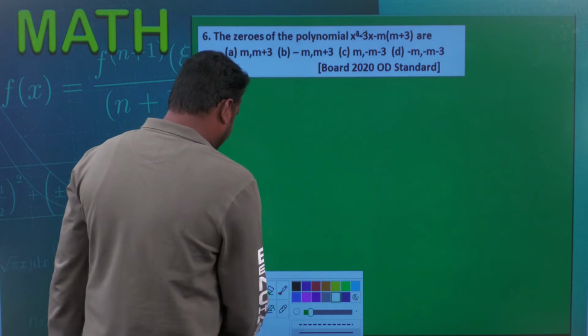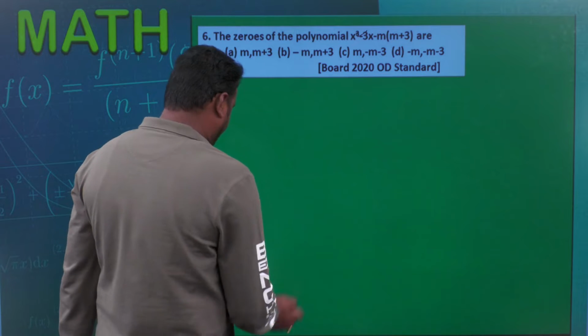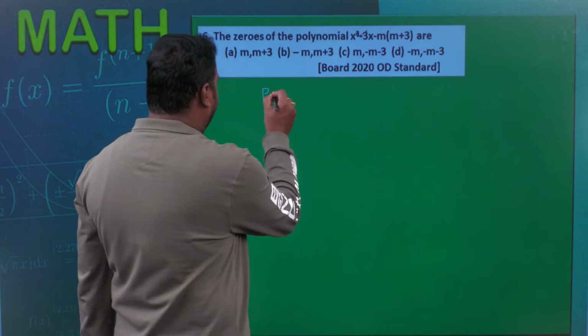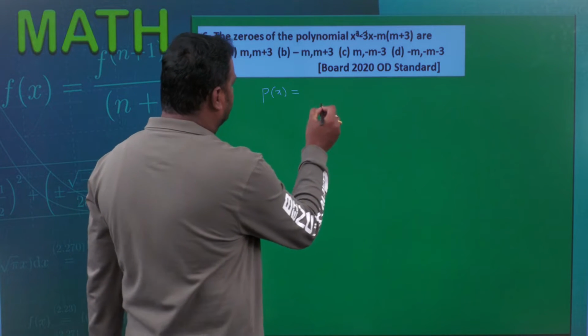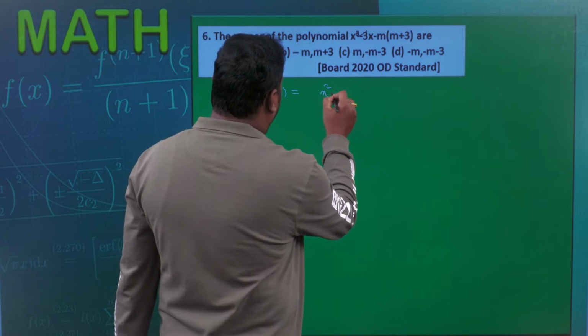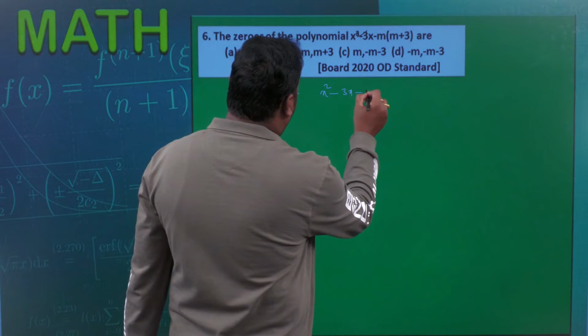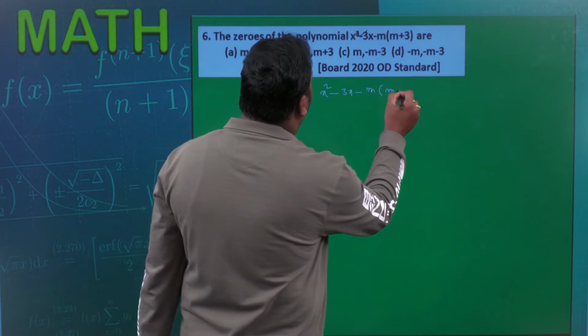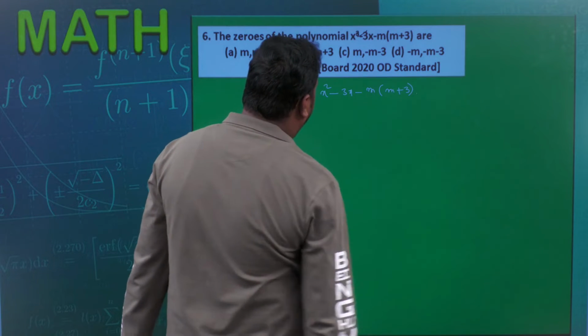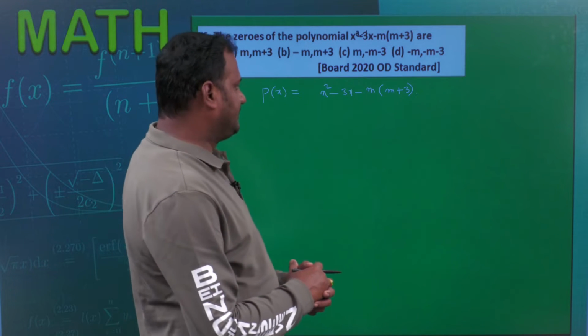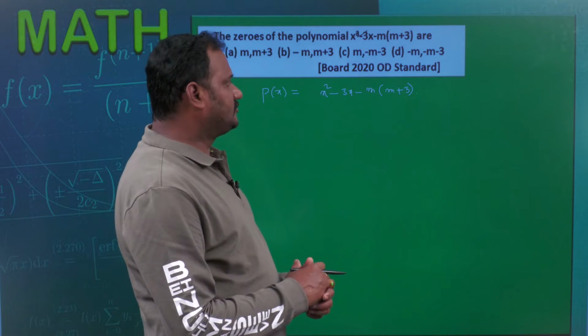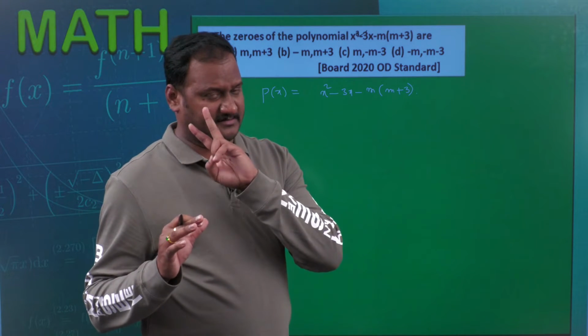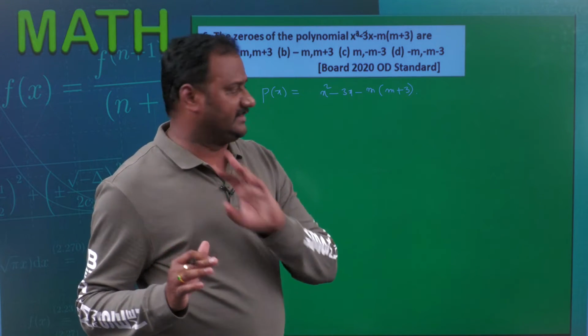What is the given polynomial? I am taking it as p of x, which is equal to x square minus 3x minus m into m plus 3. In order to find zeros of the polynomial, I would like to go with one particular important method.